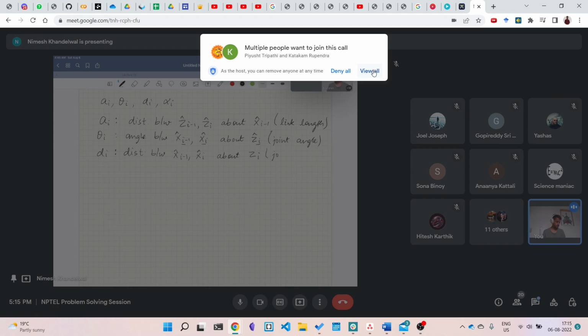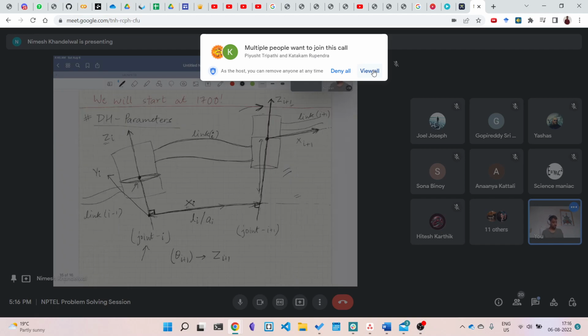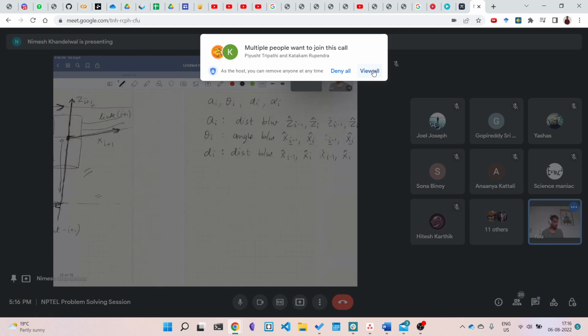This is what we call the link offset, as some people call it. This is the offset in the link, so how much offset this link i creates in the origins of the joints.